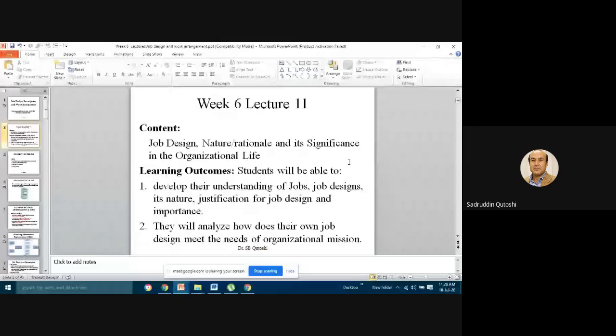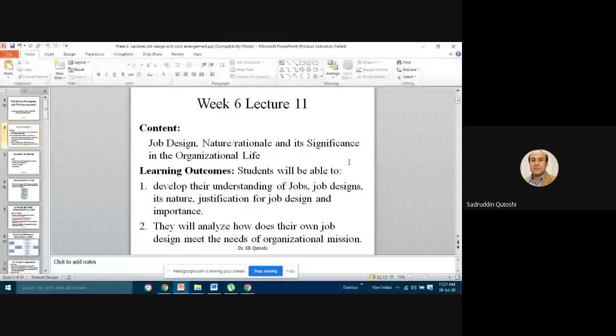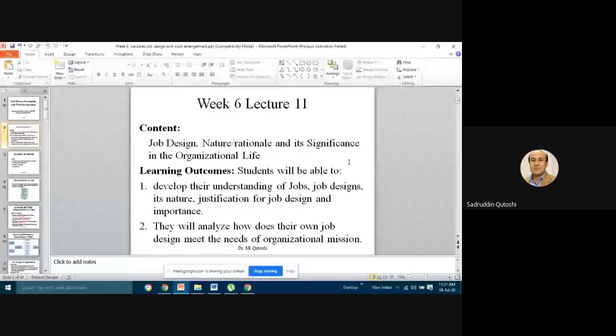The second learning outcome will be, you all course participants will start thinking and analyzing your own position in your organization with specific reference to your organizational mission and how your job meets the needs of that organizational mission.